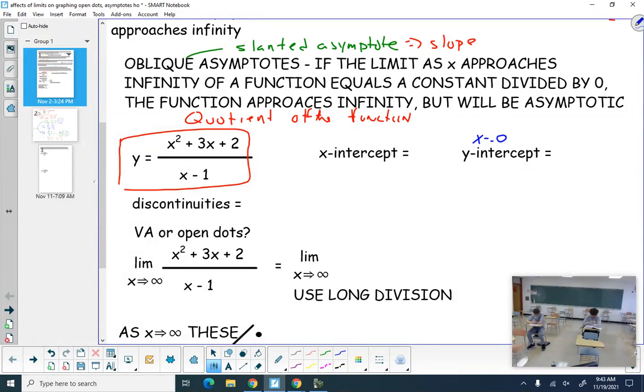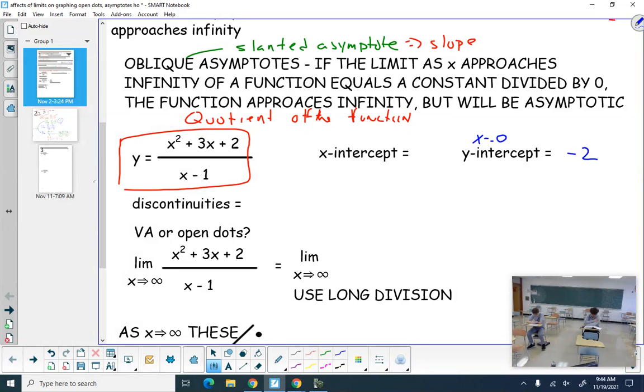So if I put 0 in for all my x's, I have 0 plus 0 plus 2 over 0 minus 1. Where would the y-intercept occur, Preston? Putting 0 in, 0 plus 0 plus 2 over 0 minus 1. Negative 2.